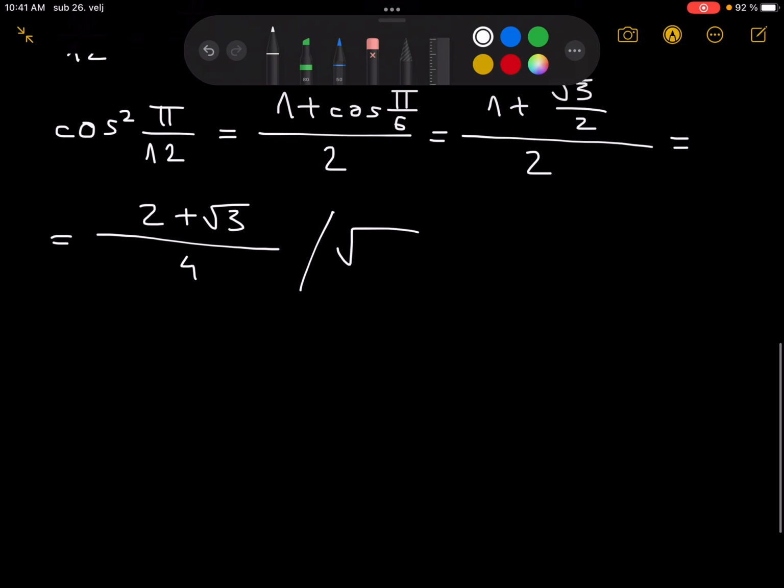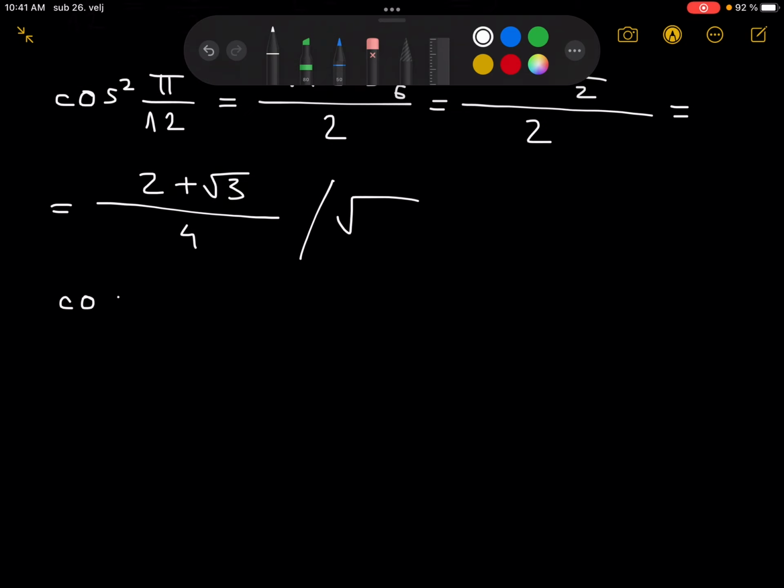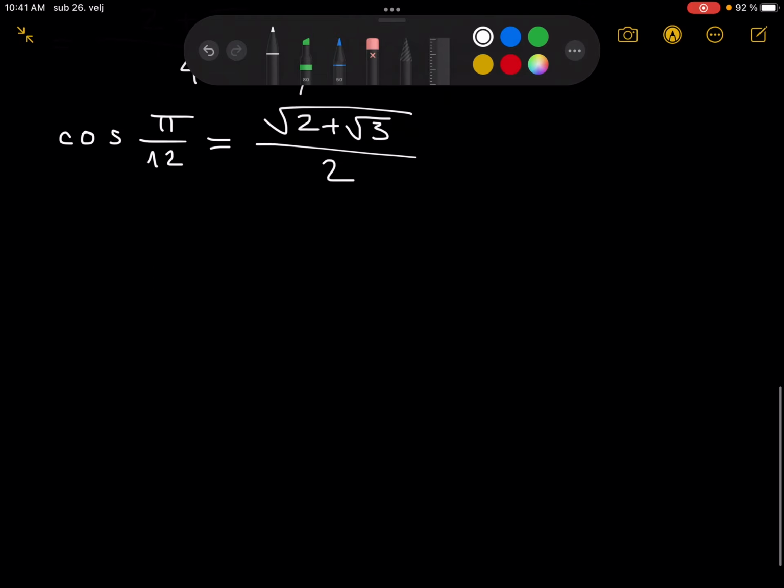Now when we take the square root of both sides, we'll get that cosine of pi over 12 is equal to the square root of 2 plus the square root of 3 and everything over 2. So that's one of our accessory steps.